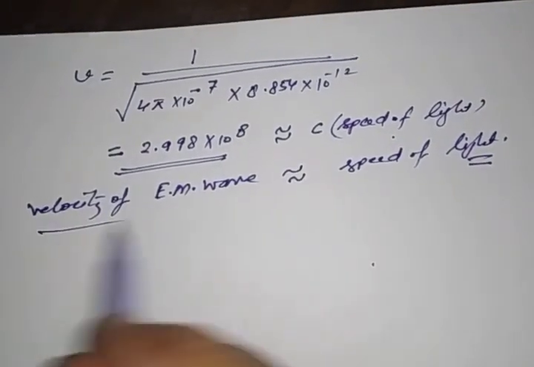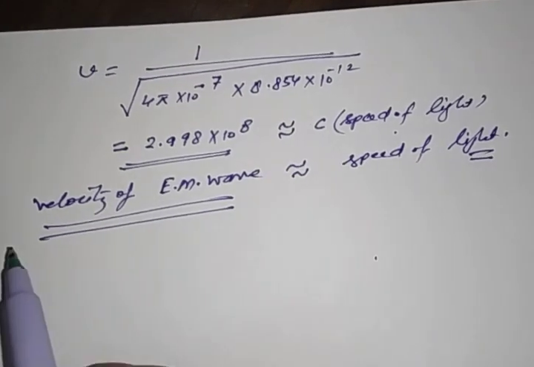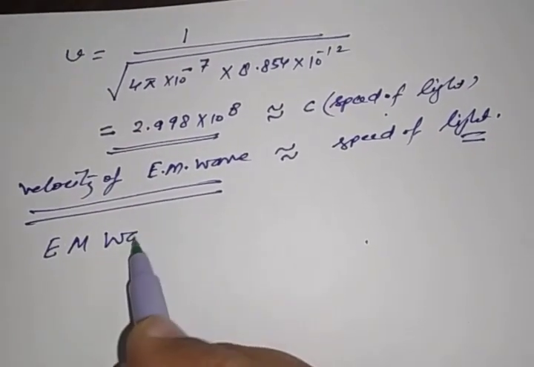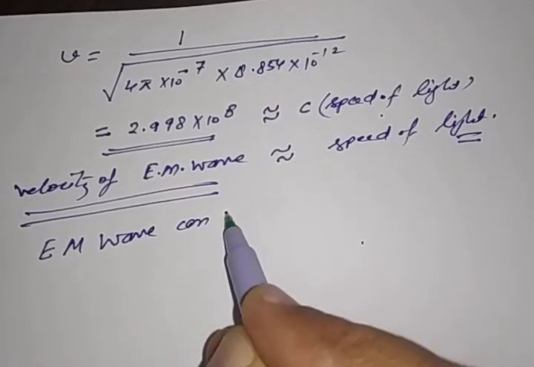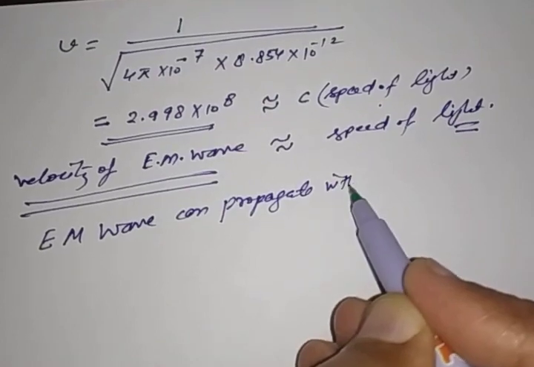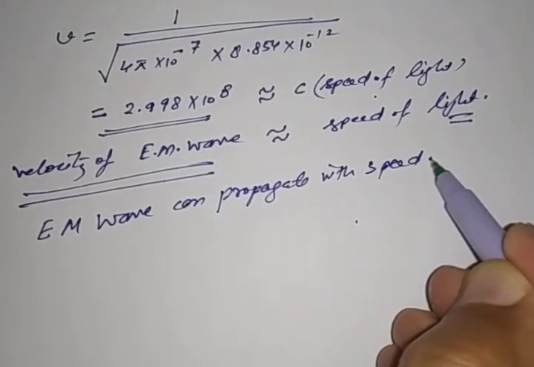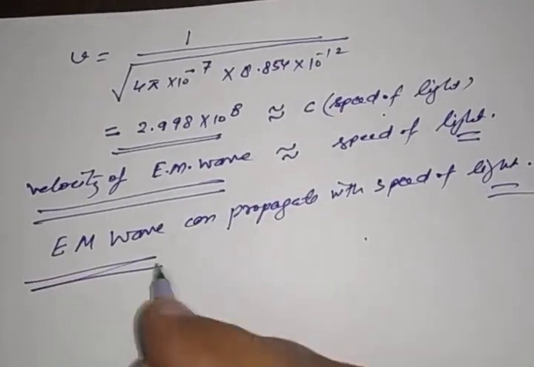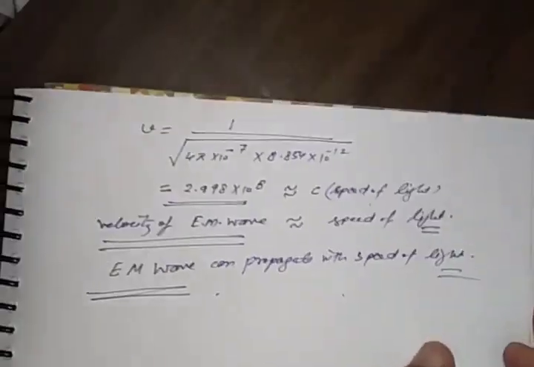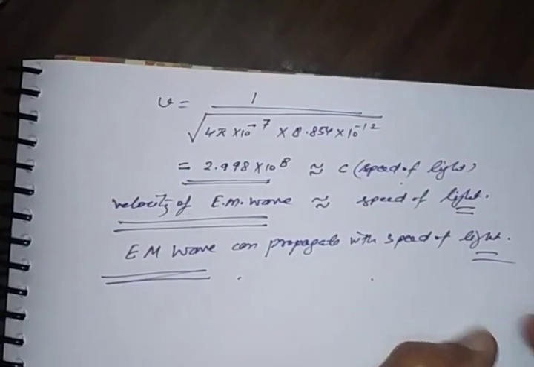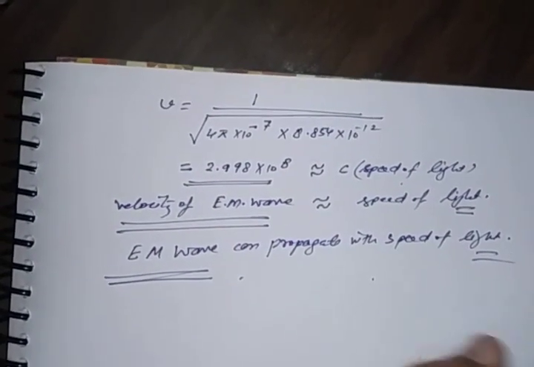So it clearly says that electromagnetic wave can propagate with the speed of light. Now, based on this factor, you can easily prove that light wave is an electromagnetic wave.